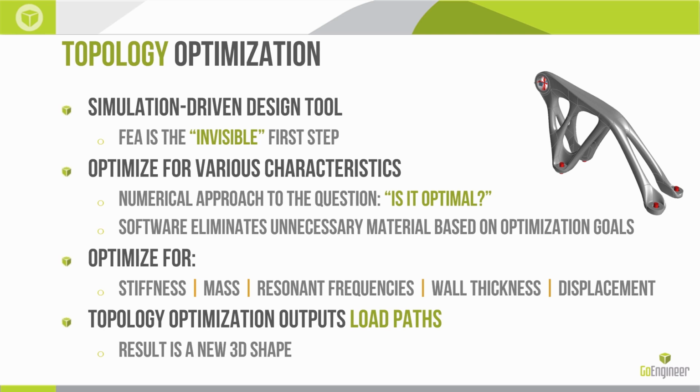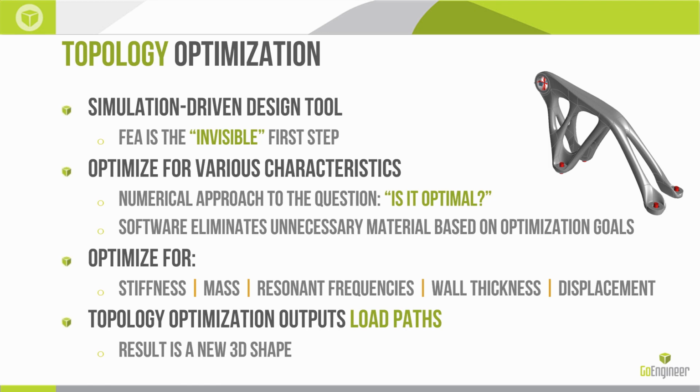It's not an either or question when we are looking at FEA and topology optimization. Topology optimization is a simulation-driven design tool. So FEA is actually incorporated into the topology optimization. If we didn't have FEA, we wouldn't have topology optimization. You can't have it without the FEA.